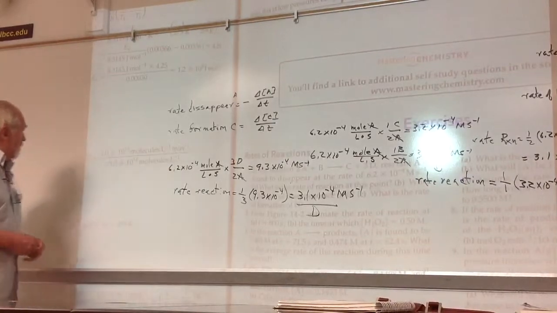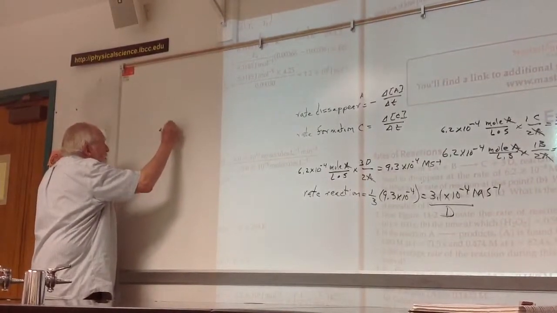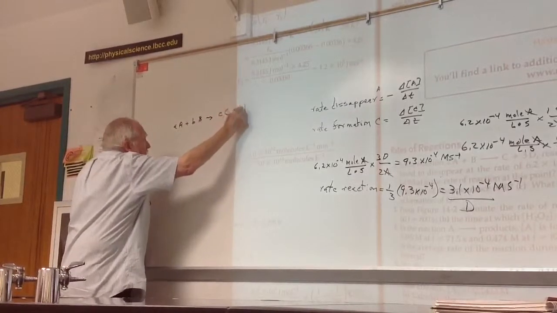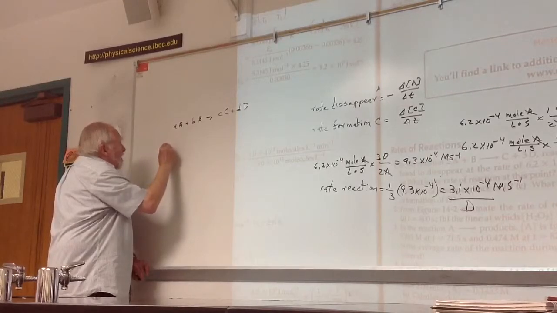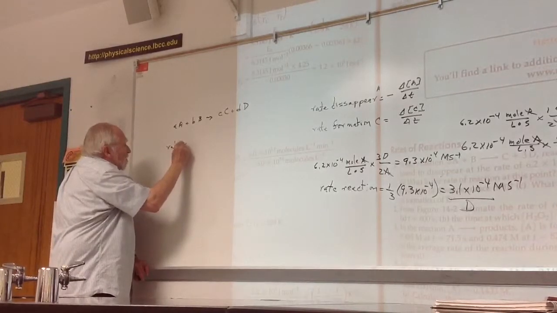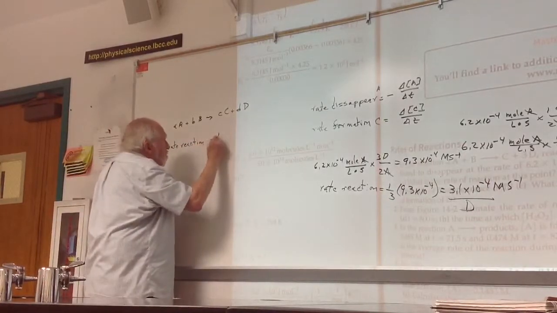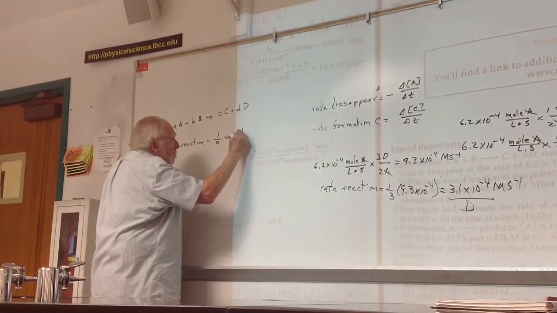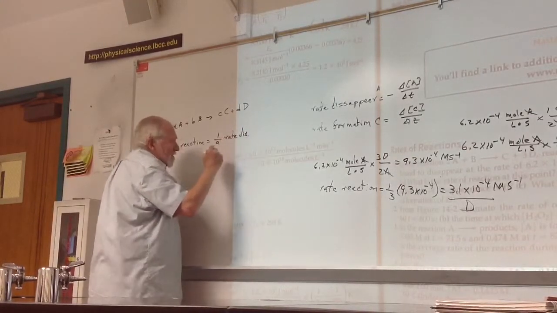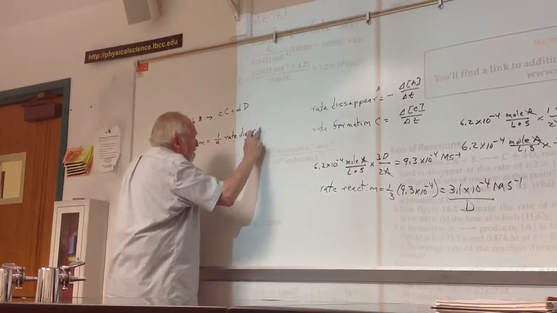I wrote the general equation way back when. I use this equation a lot, but basically I can say rate of reaction is equal to, I'm just going to say, disappearance of A. Equation there.